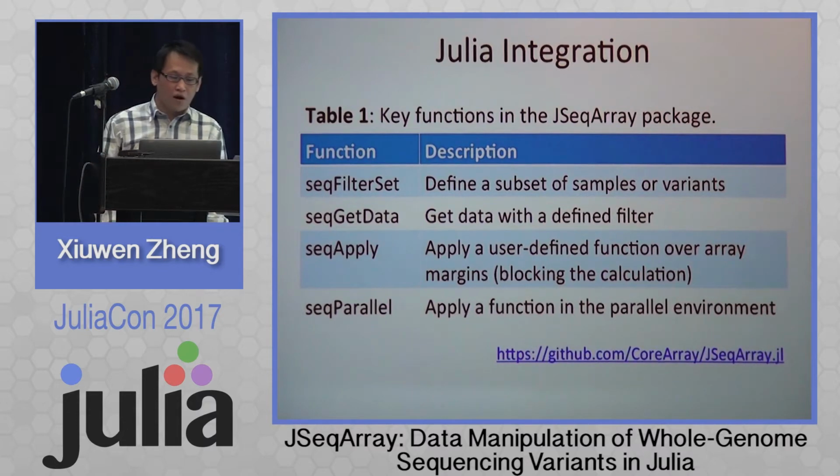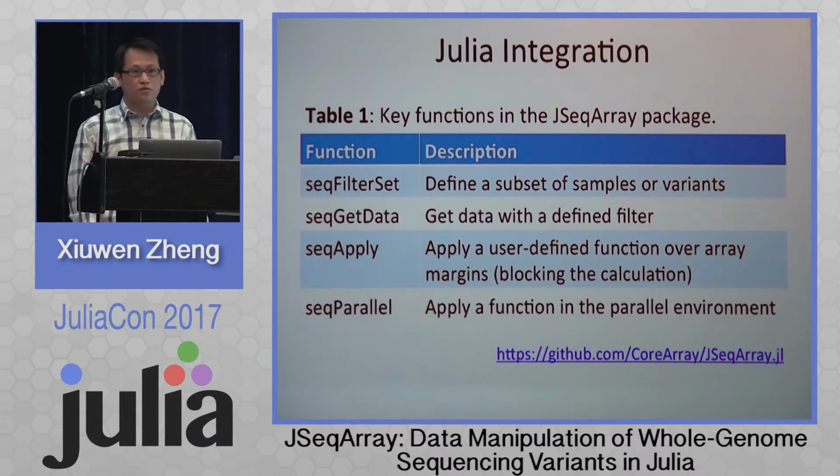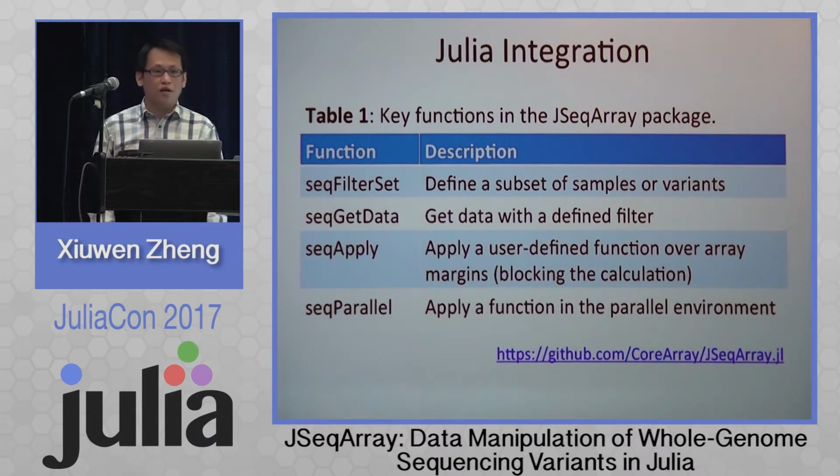The function seqApply applies a user-defined function to the array margin of genotype and annotation. The last function, seqParallel, utilizes the built-in parallel functionality in R to perform calculation on a SeqArray file.